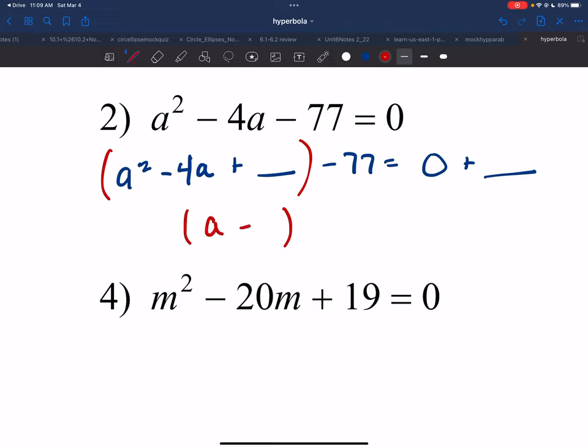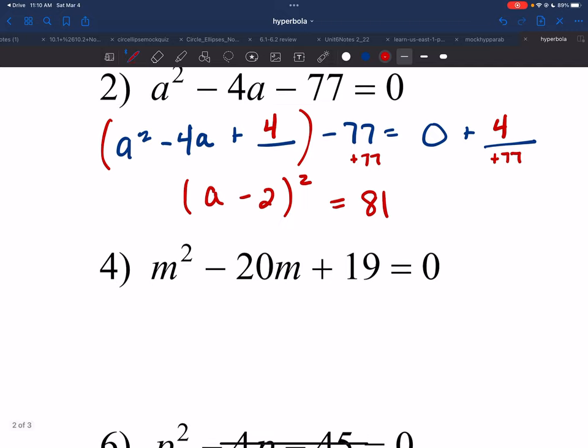So I have a minus 2 squared, and 2 times 2 is going to give me 4. So I have 4 on both sides, and then I'm going to add 77 to both sides. So a minus 2 squared is equal to 81. If I take the square root of both sides, then a minus 2 is equal to 9, which means that a is equal to 11.